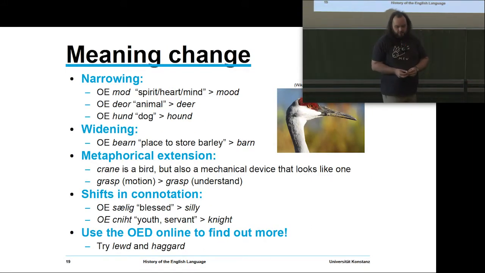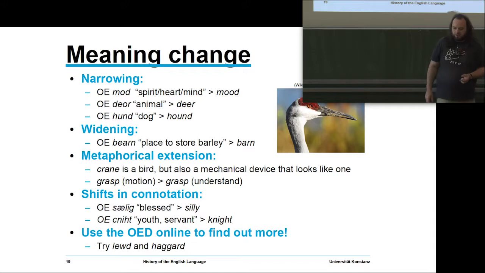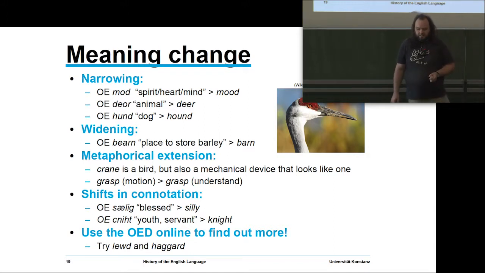Meaning change, though, we have to mention briefly, because this is quite important. Words change, and words change their meaning in many, many different ways. I gave you a whole range of examples that you can try and interpret and understand in your own time on the first slide of this section. But you can see some of these already straightforwardly.